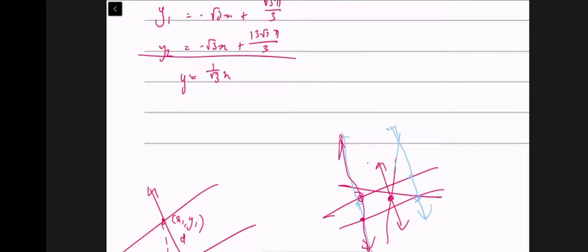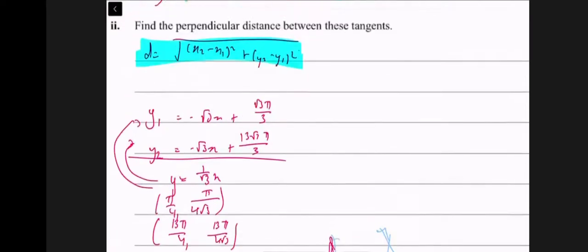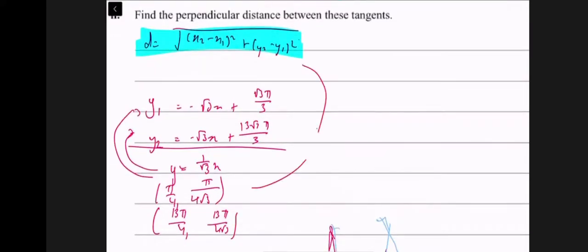But if you did what I did, then just find intersections with both of them. So equate it here, then equate it here. You should get pi on 4, pi on 4 root 3, and then the other one is 13 pi on 4, 13 pi on 4 root 3. So then we just chuck that into the distance formula. You should get 2 pi root 3 units.